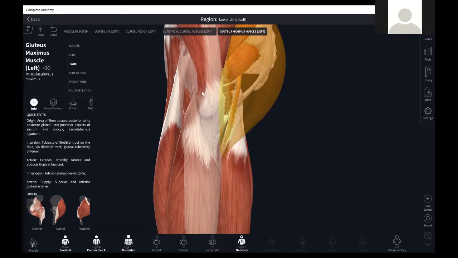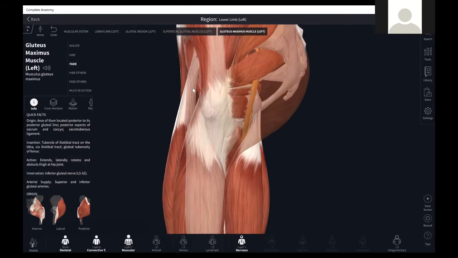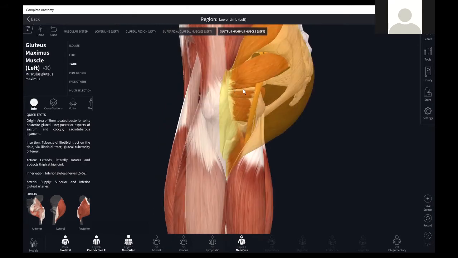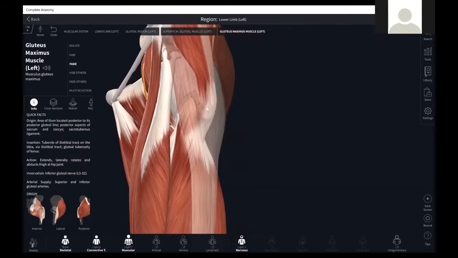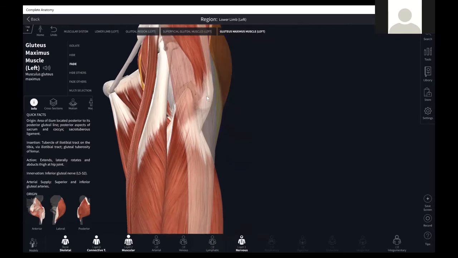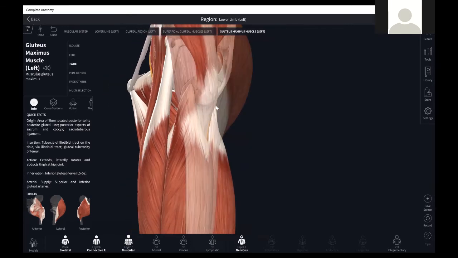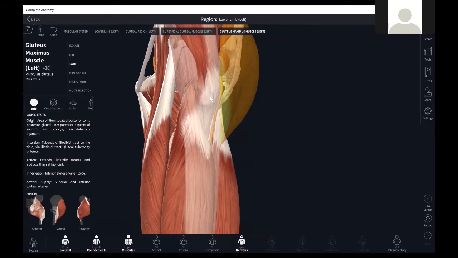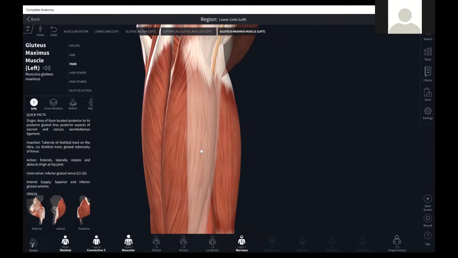But you can tell we've got glute med, glute min, piriformis. There are a lot of other structures that are attaching and coming around here that can create some issues. It's harder to see, but there's the greater trochanteric bursa here, and glute medius sits up a little bit higher. But that's the proximal structures.